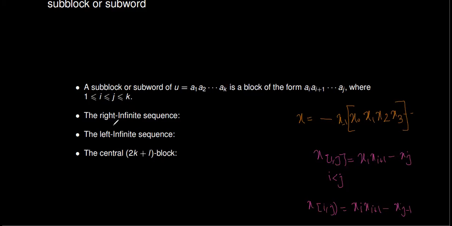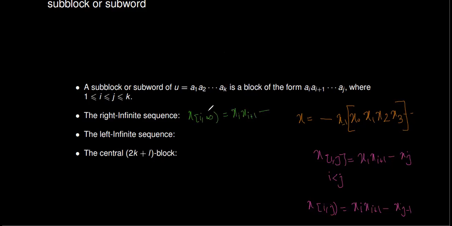Also, we have a right infinite sequence. It will be cut from i to the right-hand side. I mean this notation, let me change my color: x[i,infinity), it would be xi, xi plus 1, and so on.